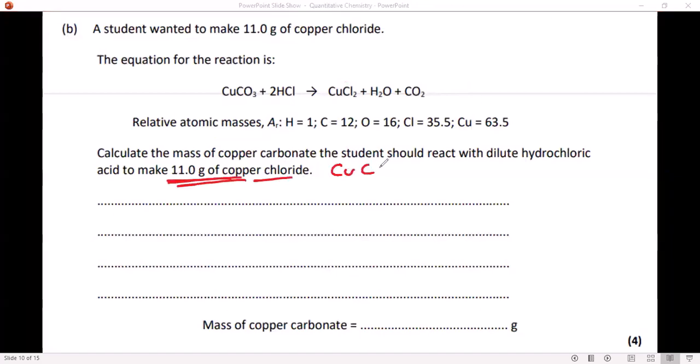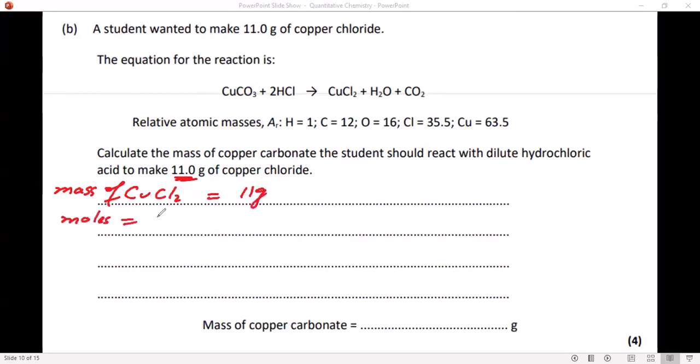Copper chloride is the product, and they ask us to calculate the amount of the reactant needed to make that particular amount of product. Use the same approach. What they have given you, convert this into moles. So guys, the mass of copper chloride is 11 gram. I need to convert this into moles.